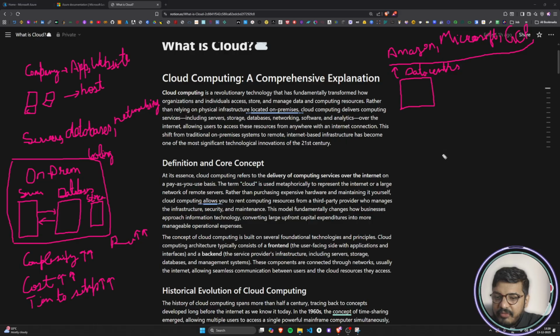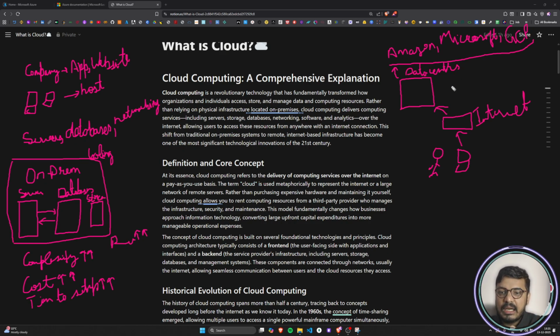We, as a user, I made this user inverted. So me as a user, I should have a laptop and an internet connection. Let's suppose this is my LAN or something. So this is my internet. Using this internet only, I can access this data center from anywhere.